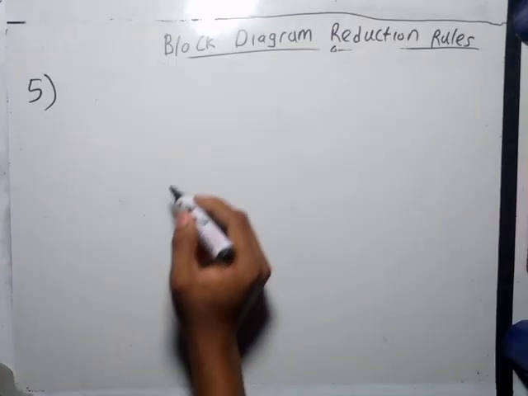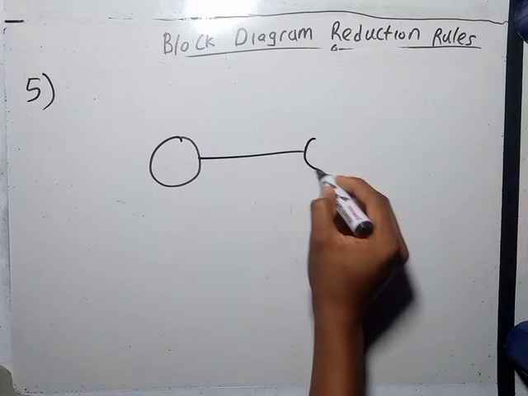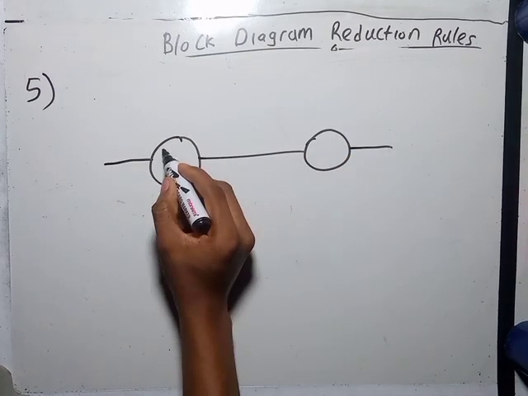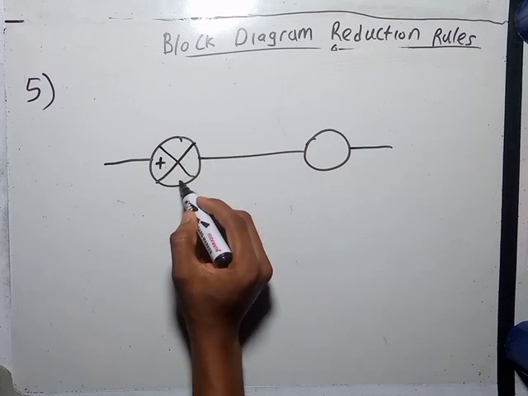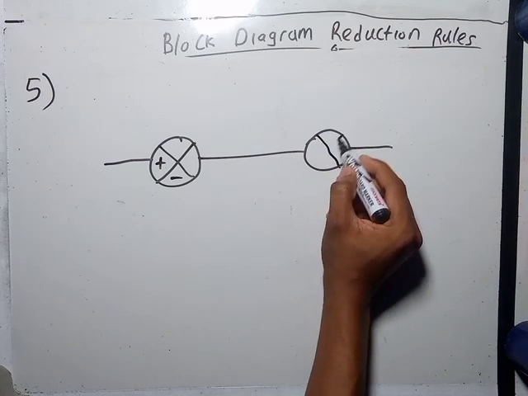The fifth rule is that you can interchange your summing points. Your summing points are what? Interchangeable. You can interchange them.